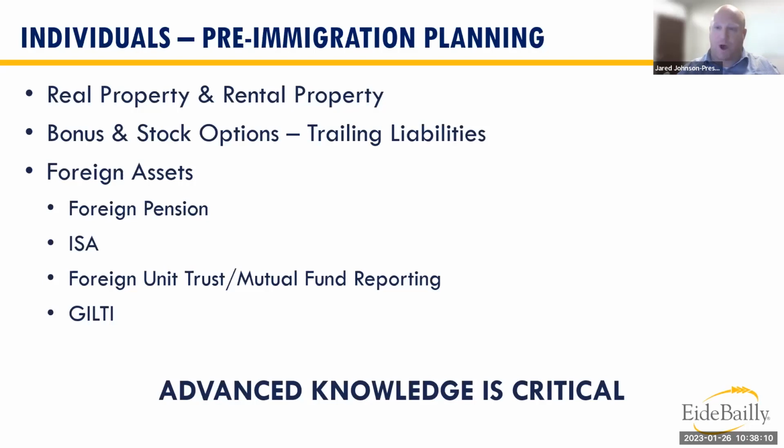That means the profits of that company would be subject to tax in the US, even though you may not receive a dividend. And so that's a big issue, and there's some planning we can do around that. So again, advanced knowledge is critical. Let's talk before you do it, because there's a lot of planning we can do around these areas.